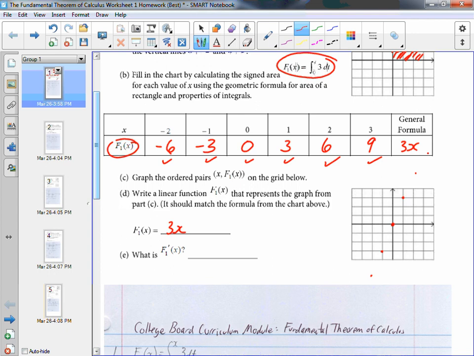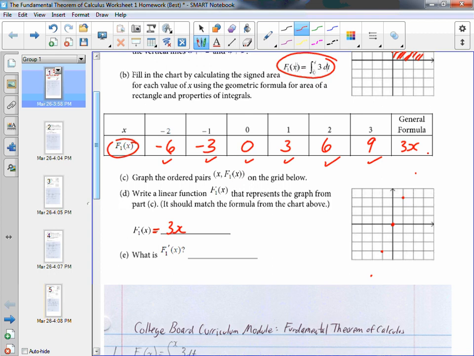The equals needs to be in there. So either write y equals 3x, or better yet, to use their notation, which we want to do, right? You don't want to make up your own notation on the AP test. They won't count it right, no matter how right the rest of it is. They won't let you just change the letters. Okay? So capital F of x equals 3x.